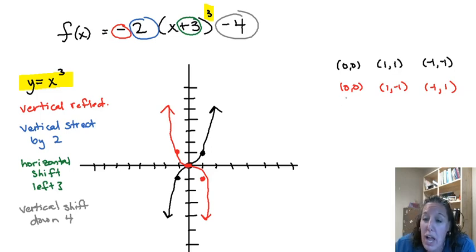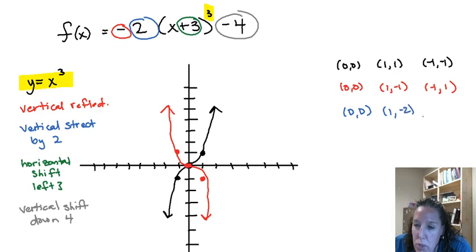Our 2 is a vertical stretch by 2. That means we're going to multiply our y values by 2. The point at the origin has a y value of 0, and when we multiply it by 2, it still has a y value of 0. Now we're looking at these red points. The point at (1, -1), when we multiply that y value by 2, moves to a y value of -2.